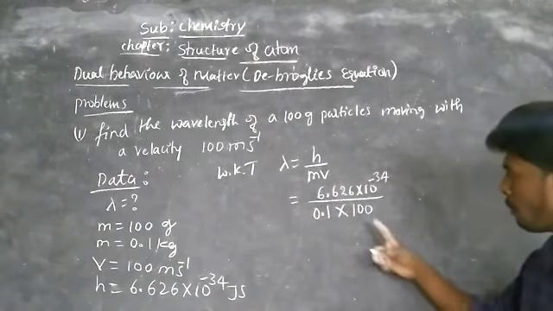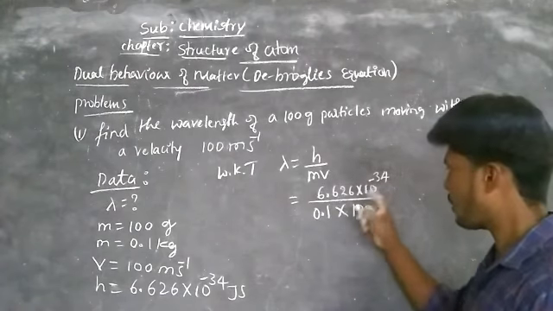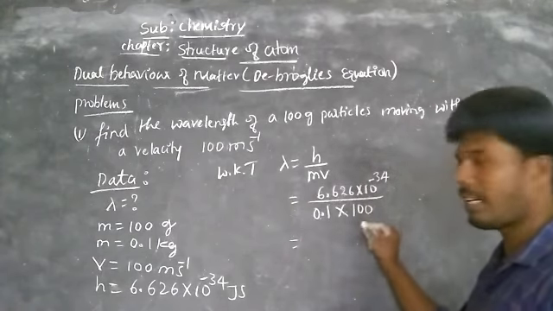Now multiply these two and solve. 0.1 into 100 becomes 10.